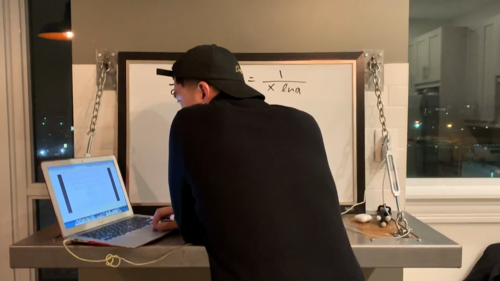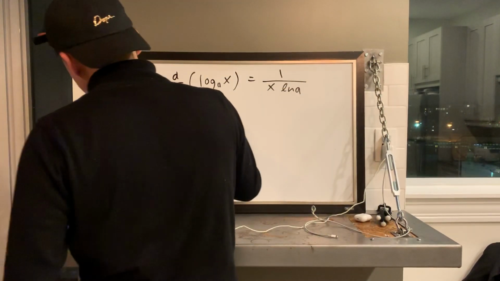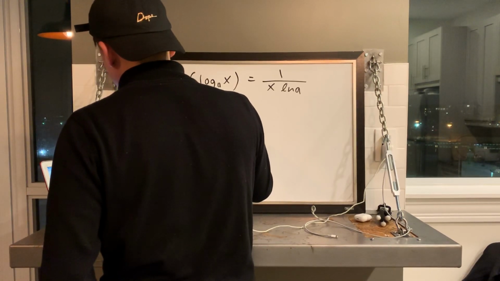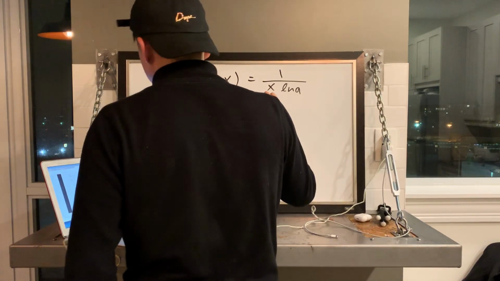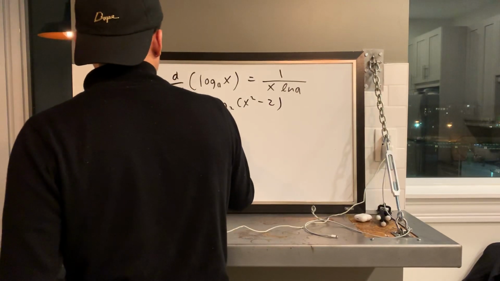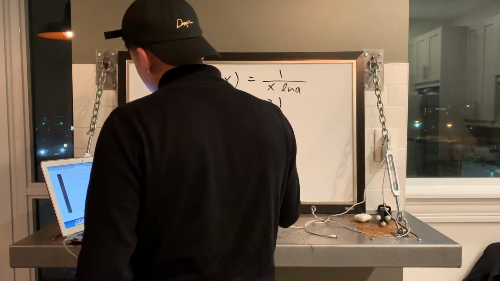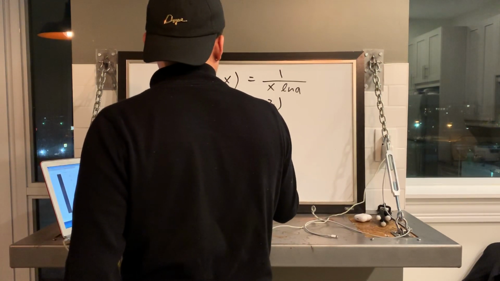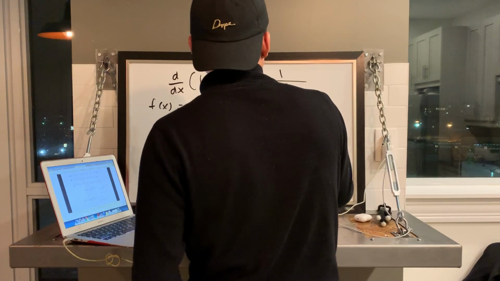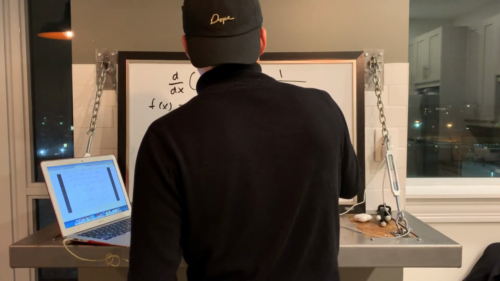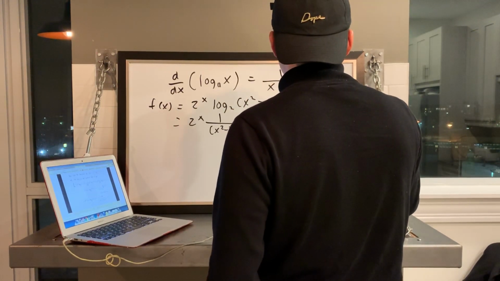So if you have a product rule of 2 to the x times log base 2 of x squared minus 2, if you just have leaf, that 1 over x squared minus 2 ln 2 times the derivative of the inside, which is 2x, all of that plus 2 to the x ln 2 times log.